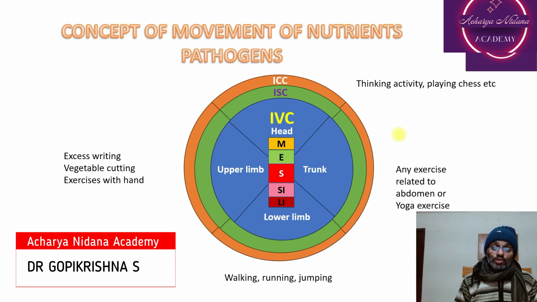Hence when a person is doing more activities in relation to the joints, pathogen entry will be observed in the joints where more activity takes place. Hence in a person suffering from Amavata or Vata Shonita, more blood supply will be observed in the joint region, or in the region where the pathogenesis is happening, right?